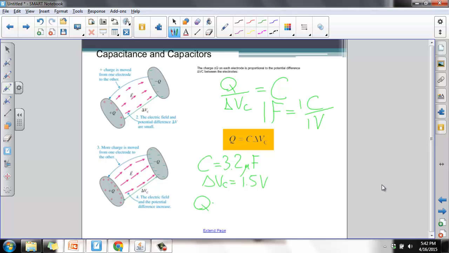We see that Q equals C times delta V. That's 3.2 microfarads times 1.5 volts. And we see 4.8 microcoulombs once we cancel our units.